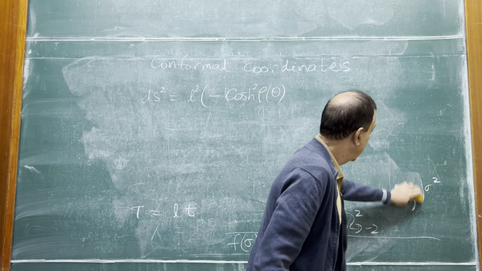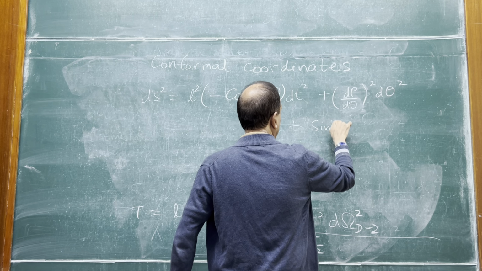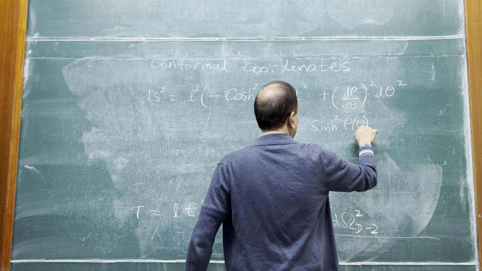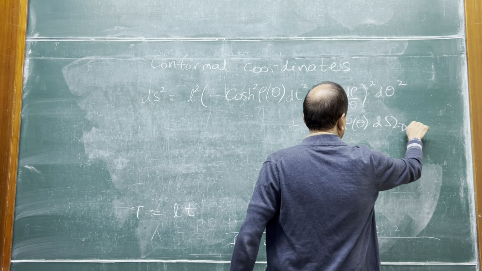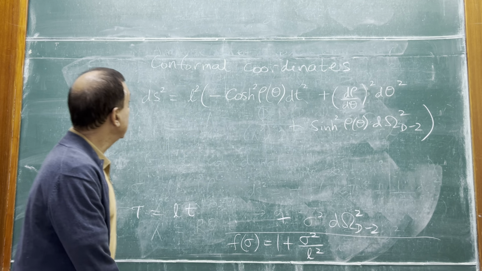And then the last term is sinh squared of rho of theta d omega_{d-2} squared. So this is after a change of variables, which I haven't yet figured out: rho goes to a function of a new coordinate theta.